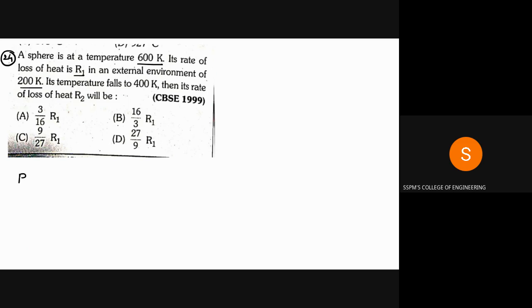So when a body is kept in an environment, the body temperature is T, and suppose the environment has the temperature T naught. Okay, so heat radiated we can give by this relation: R is proportional to T raised to fourth minus T0 raised to fourth. Okay, so here we have two conditions.